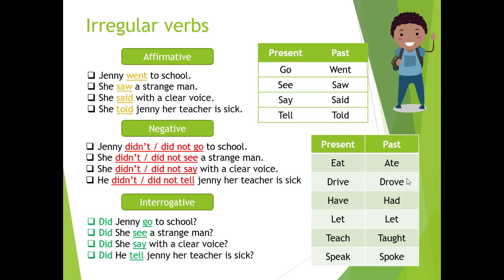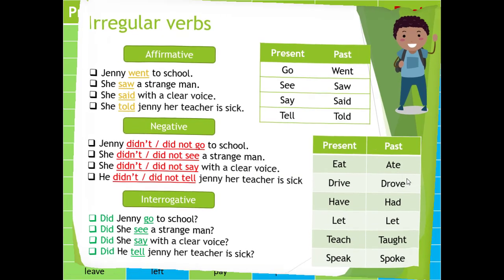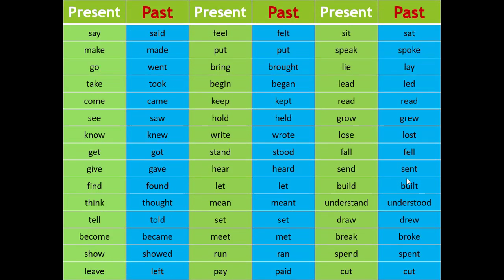That's why I have made a list for you. So, this list we have the present forms of the verb and we have the past forms of the verb, and it is crucial and very important that you remember them all. Let's see some examples. We have, for example, say, said, make, made.